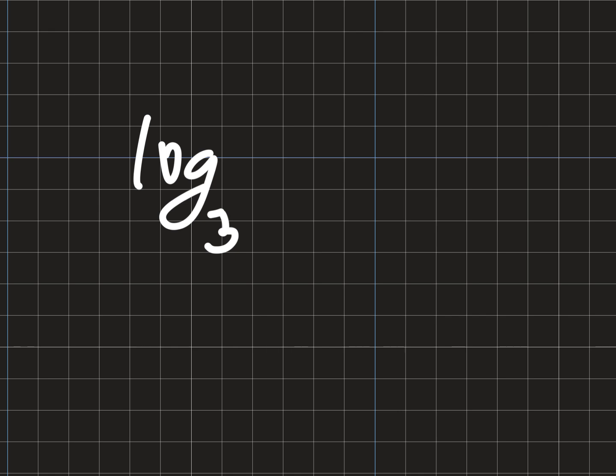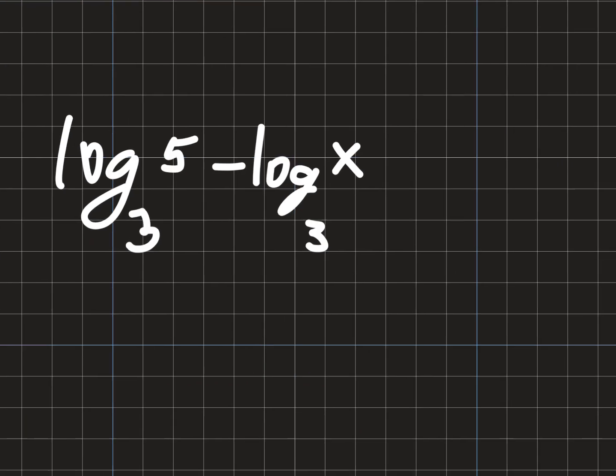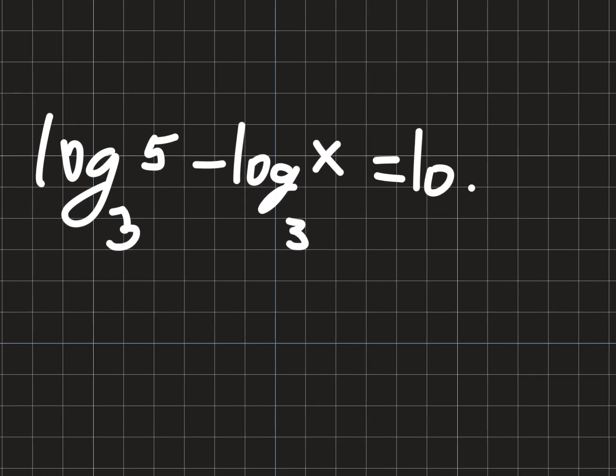Log base 3 of 5 minus log base 3 of x equals log base 3 of 4. Do you know that you're supposed to combine logs that have the same base and make them into one log?